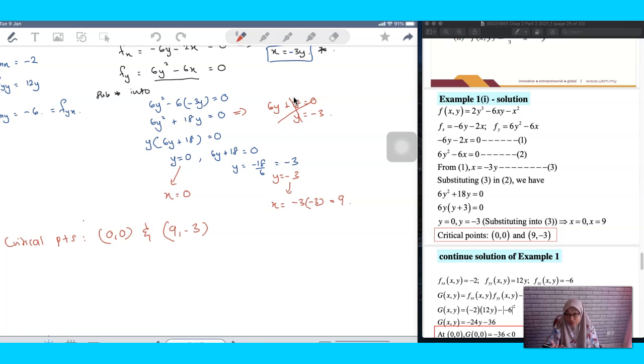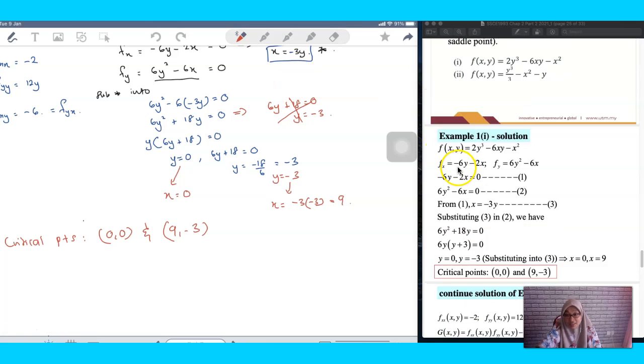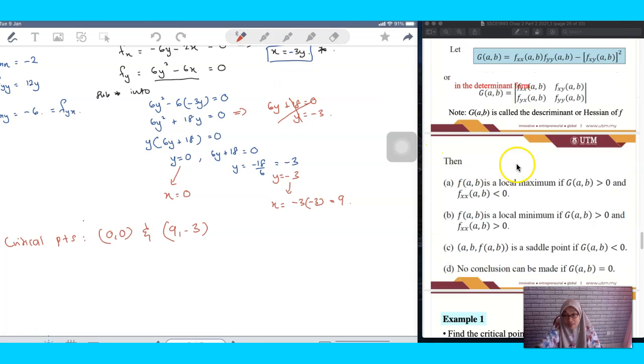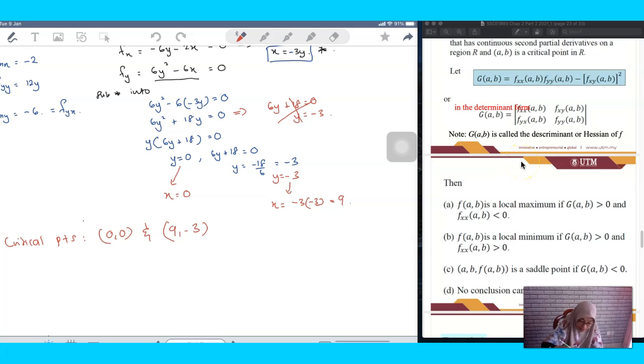Before you proceed to determine the nature of these two points, you have to obtain the g first. What is g? g is the second derivative test: g = fxx fyy minus fxy squared.